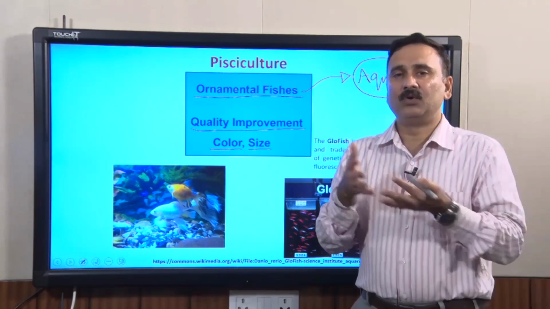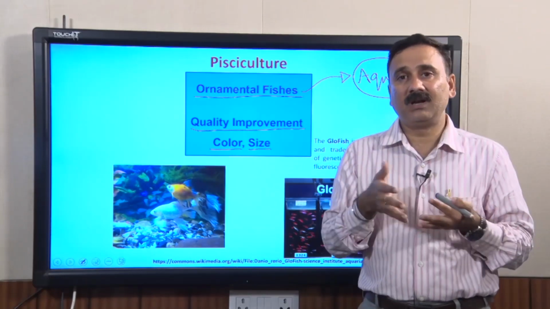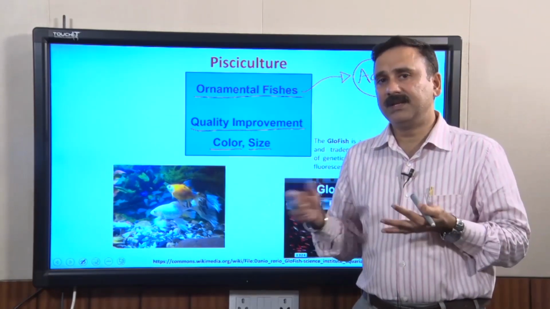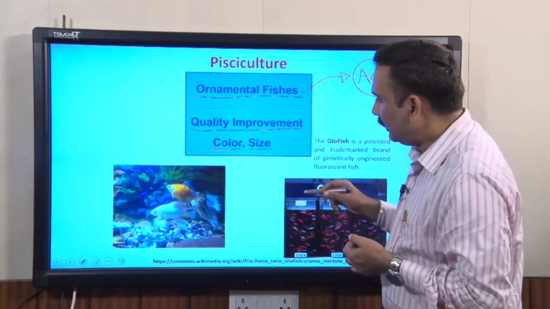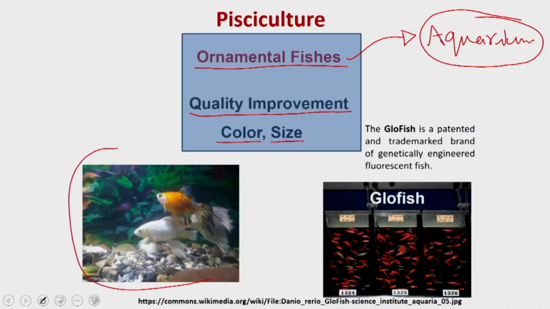You are not using ocean water or any other kind of salt water for aquarium purposes. This is just a classical example of the aquarium fishes available. You can see that what you can improve is the pattern of color available for these fishes, as well as the size and other parameters.